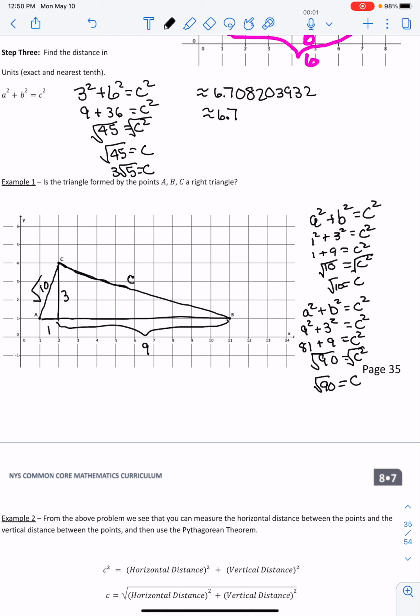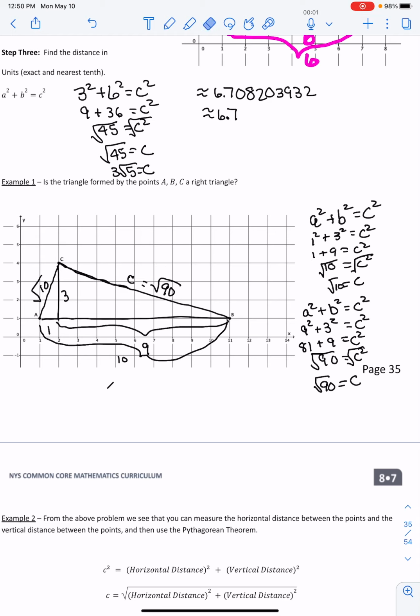Now to see if this whole thing is a right triangle, we are going to do a squared plus b squared equals c squared, because this is going to be the square root of 90, because this whole thing here is now the square root of 10. Oops, sorry.